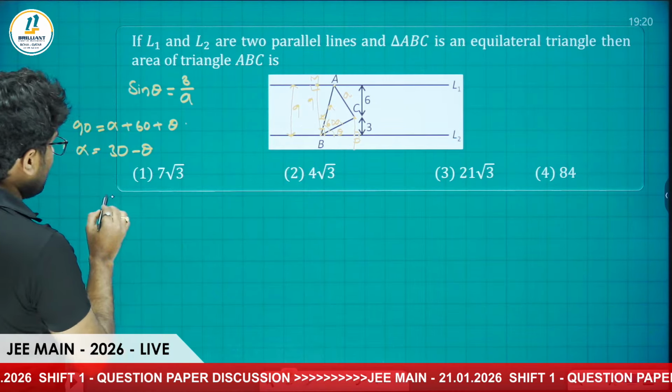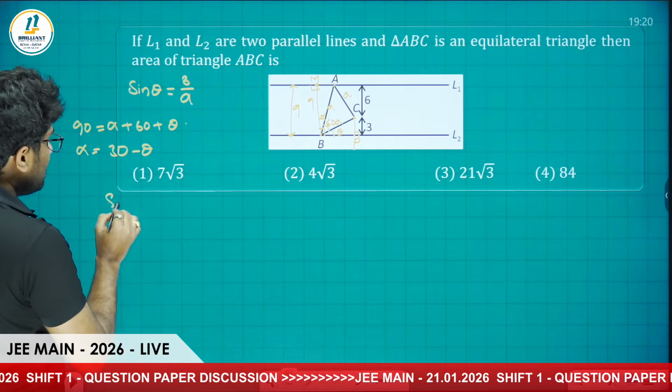So in this triangle, sin of 30 minus theta is equal to... or shall we take cos? I think we can take the upper angle first. Which one, sir? This one? Or we will take 60 plus theta. This one will be, parallel lines transversal, so this is 60 plus theta.